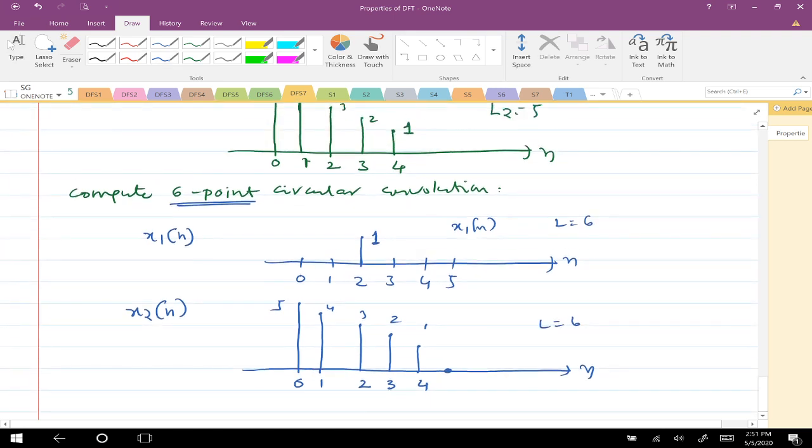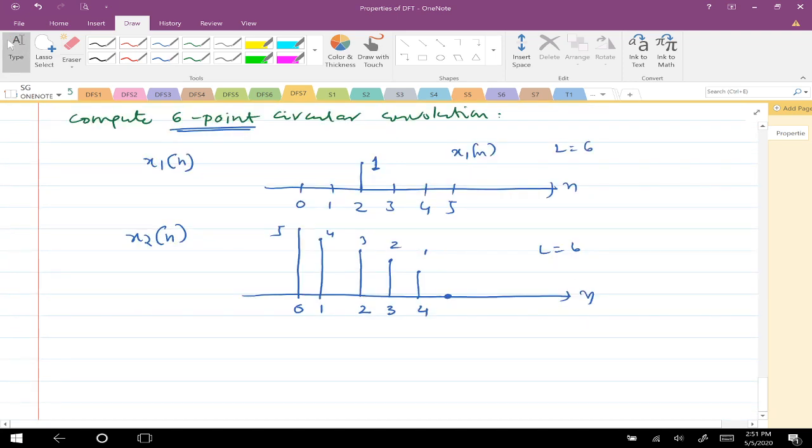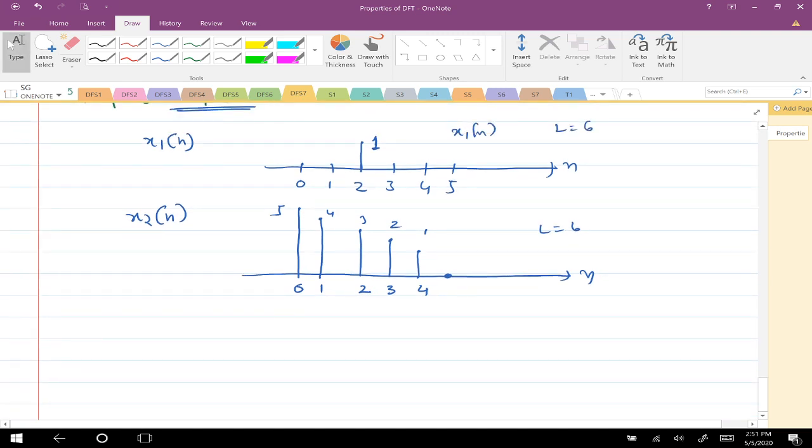Okay, the conventional mode of doing this I would leave to you, but this being a delayed impulse, I am tempted to do it using the shifting property. So when I convolve it, it gets shifted by a value of 2 here. Again, I leave it to you. You could do it in all the alternative ways I was discussing for circular shifting.